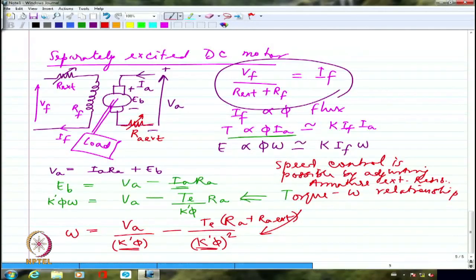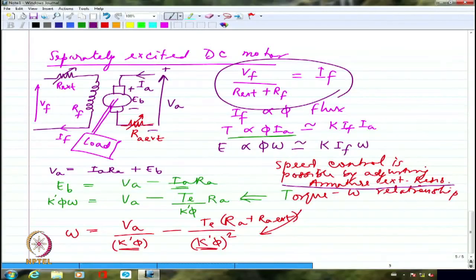This is one of the speed control methods which we will talk about eventually. So this is an important relationship in a separately excited DC motor, where we are able to adjust the speed versus a given torque by adjusting the armature resistance.